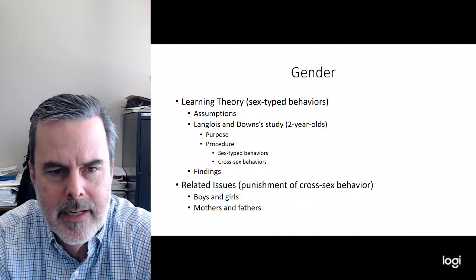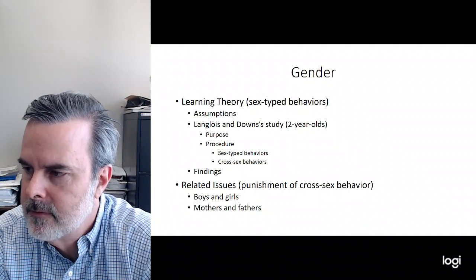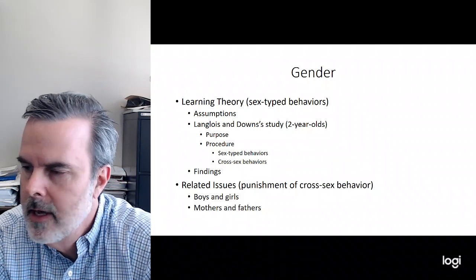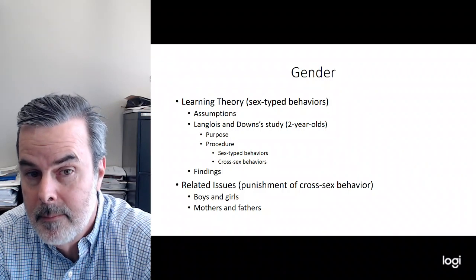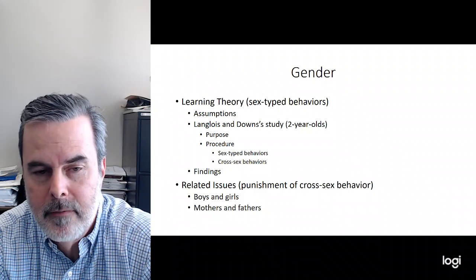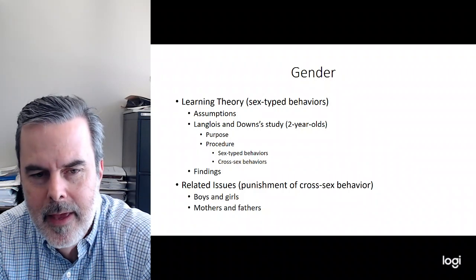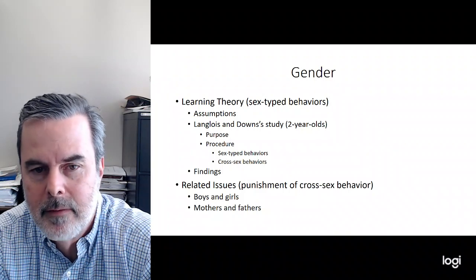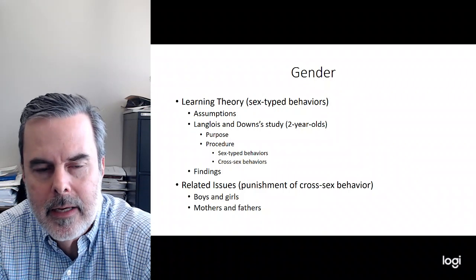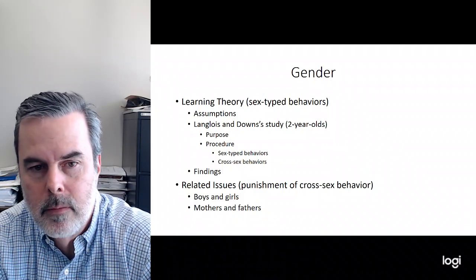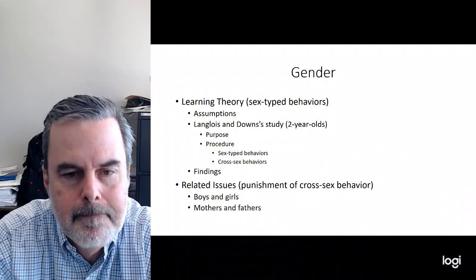A couple of related issues that I wanted to mention briefly before moving on, which focus on punishment of cross-sex behaviors. Cross-sex behaviors, remember, refer to behaviors considered appropriate for the opposite sex, which would occur when a boy, for example, was playing with a Barbie doll or a kitchenware set in the previous study, and when a girl was playing with a G.I. Joe or Tonka truck.